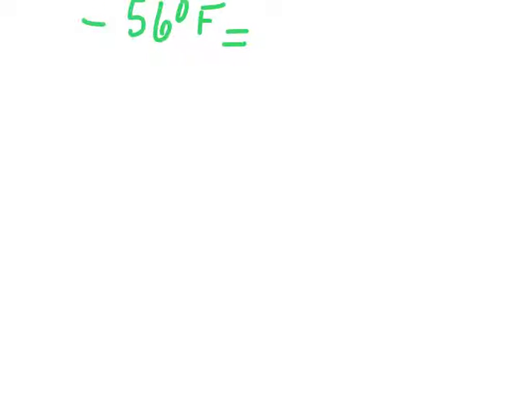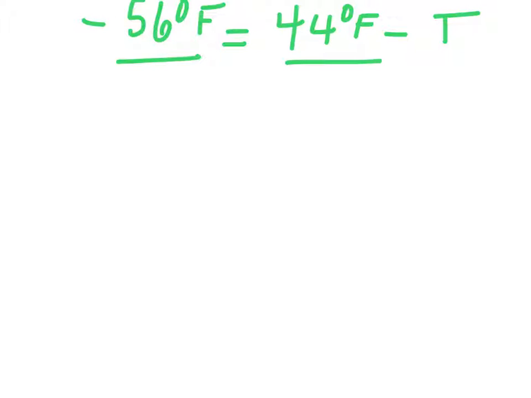And that's going to equal 44 degrees Fahrenheit minus t, because we don't know the degrees fallen, and we'll work it out the same way. So this is the January 24th temperature, and this is the temperature they started with on January 23rd.